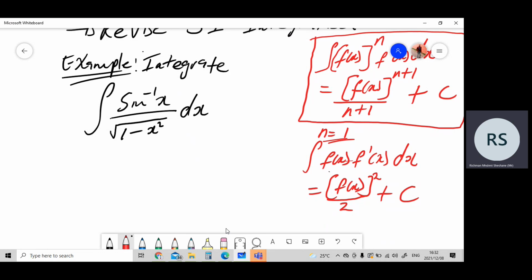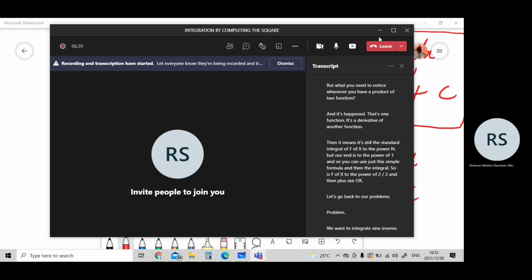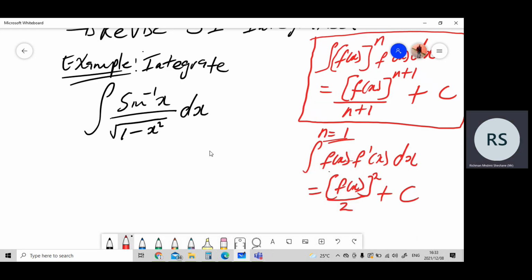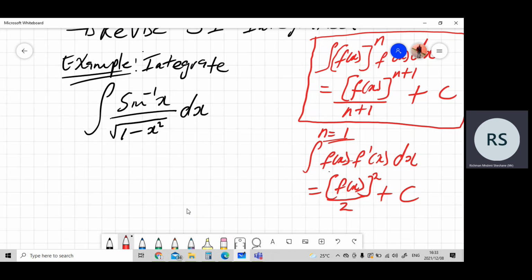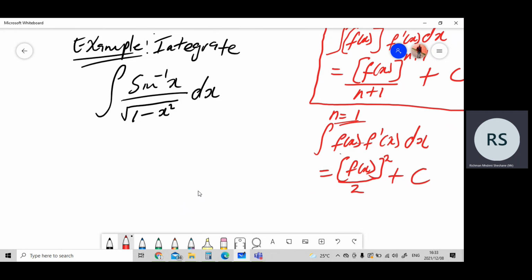We want to integrate sine inverse over the square root of 1 minus x squared, dx. Okay. Solution.